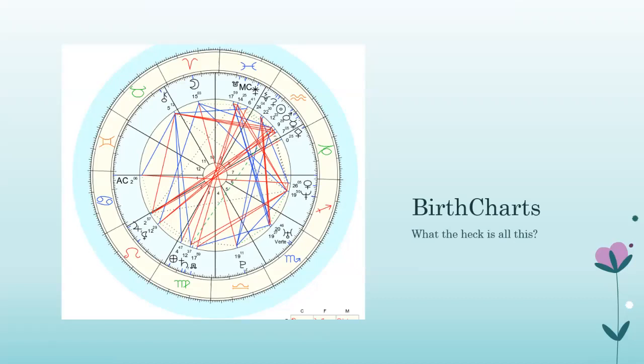So this upper portion, if we drew a line right across here, everything on the top half of this chart is your outward energy. So extrovert, think outward, think public. That's the things that are happening out in the public. Whereas, ironically enough, this is the Southern Hemisphere. So even though it's on top, this is the Southern Hemisphere.